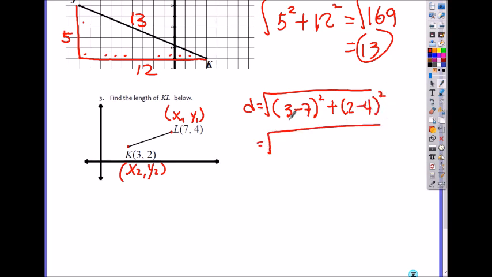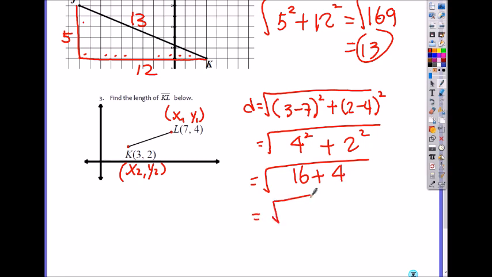So it's square root of 3 minus 7 is negative 4. Negative 4 squared. But again, I'm going to just put 4 squared because it becomes the same thing. 2 minus 4 is negative 2 squared, which is the same as 2 squared. I'm going to just make it positive. So I get square root of 16 plus 4, which is square root of 20.